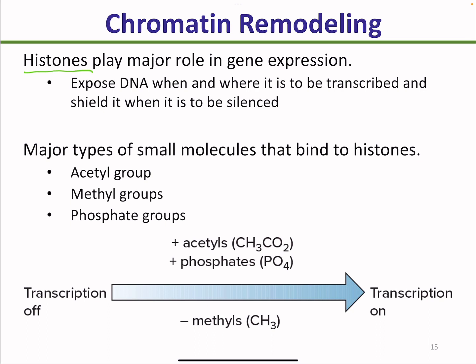Because remember, in gene expression, for the RNA polymerase to come and transcribe the gene, the two strands of DNA have to open up, right? Once the two strands of DNA are opened up, the template strand is going to be read so that a messenger RNA can be produced.